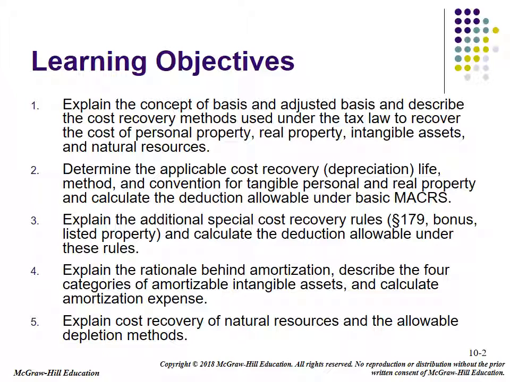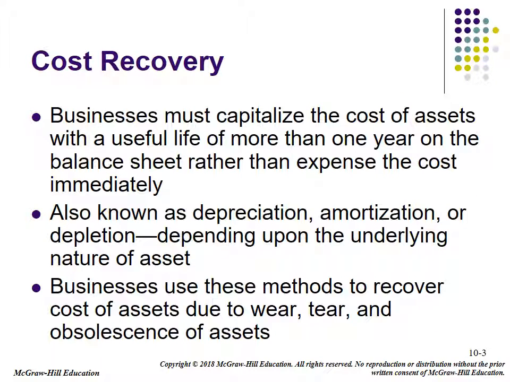And then explain the rationale behind amortization and the 4 categories of amortizable intangible assets and calculate it. As I said, we're not covering Objective 5. So we're focusing on businesses here and real estate, rental real estate.